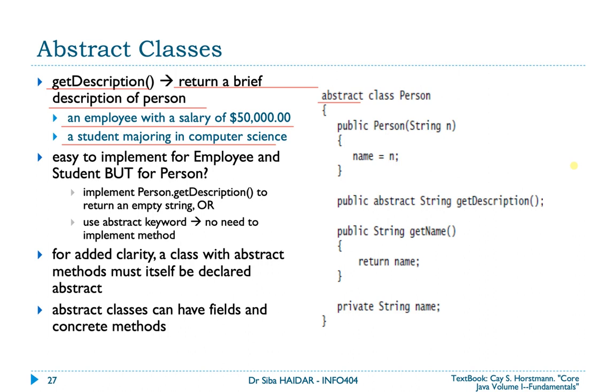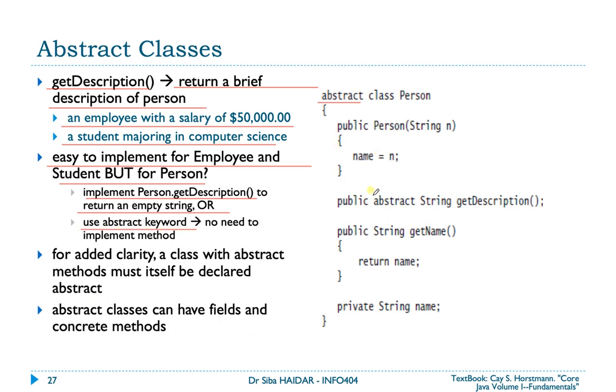So it is easy to implement for employee and student, but what about person? We said every person can have a description, but it is not easy to implement the person.getDescription method. So you have to choose either to implement this getDescription method with a dummy implementation, let it return an empty string or something, or to use the abstract keyword, which is the proper manner to do.